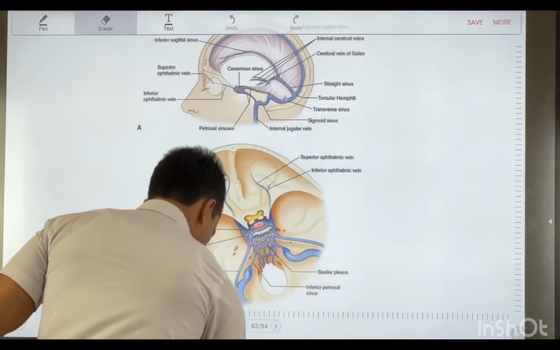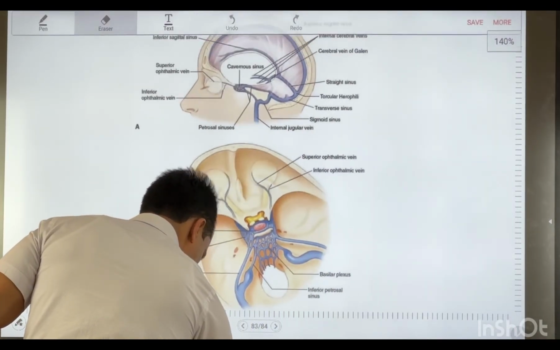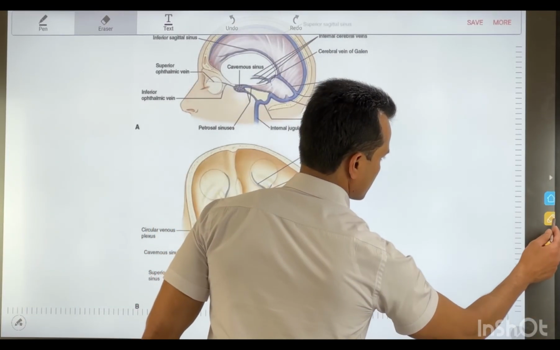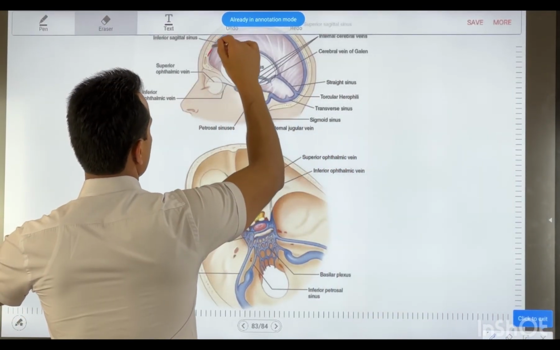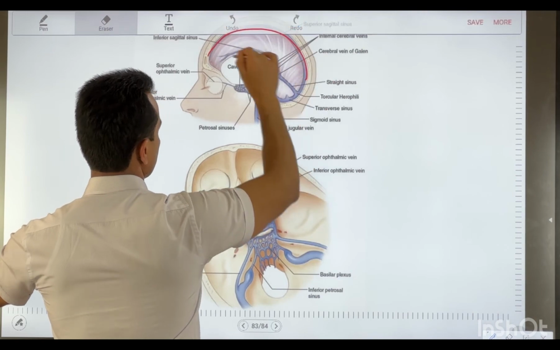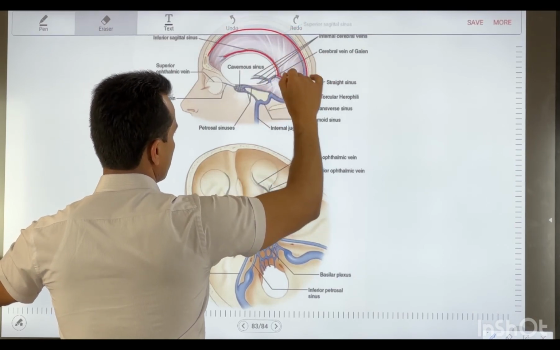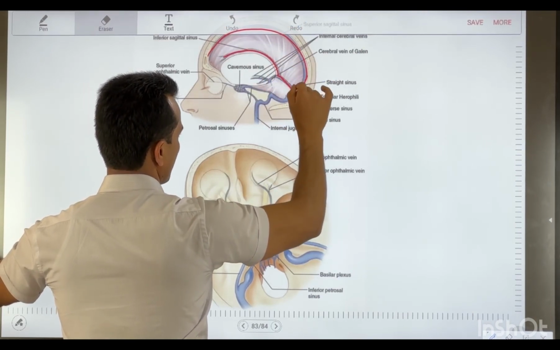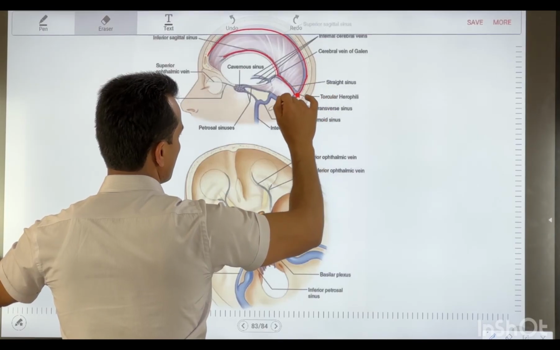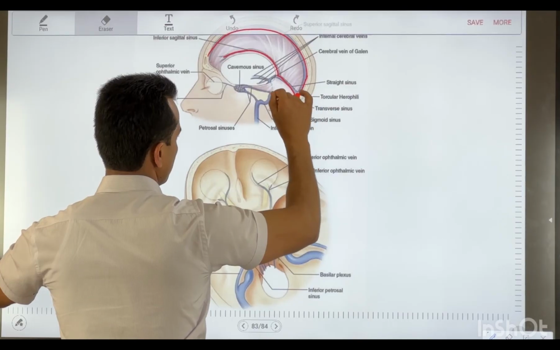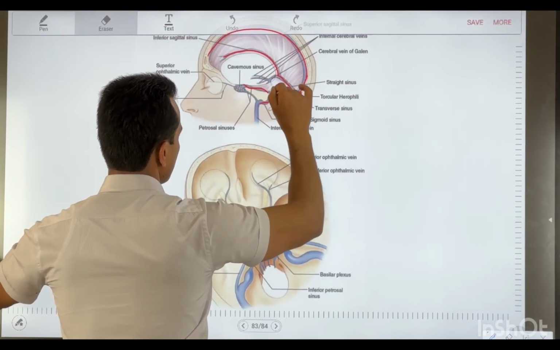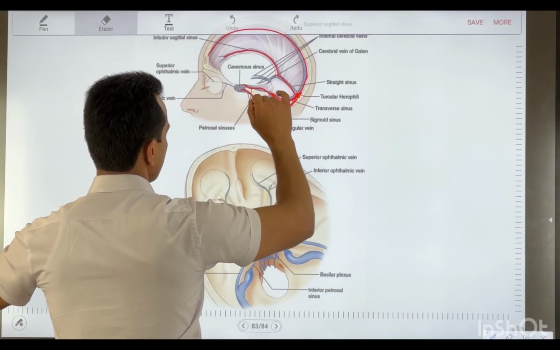Okay, here you can see, first look, this structure I have drawn: the superior sagittal sinus, the inferior sagittal sinus, then straight sinus. This is the confluence point, and from here you have got the occipital sinus, and then it continues as the transverse sinus, sigmoid sinus, superior petrosal sinus and inferior petrosal sinus.